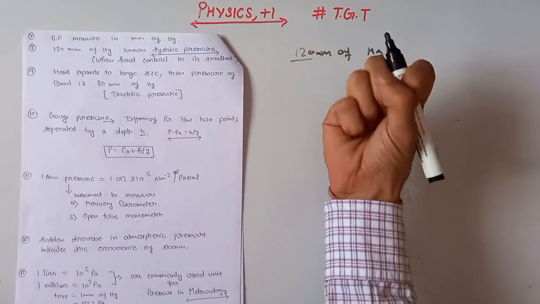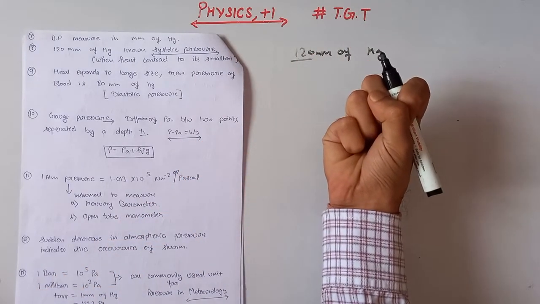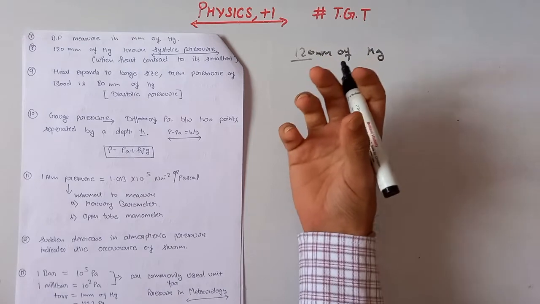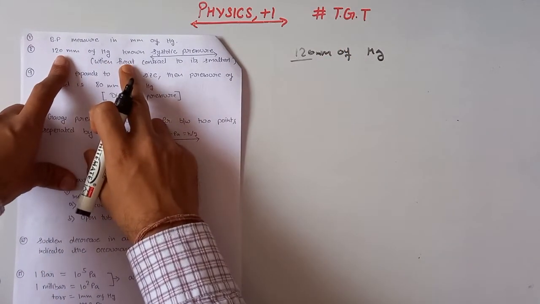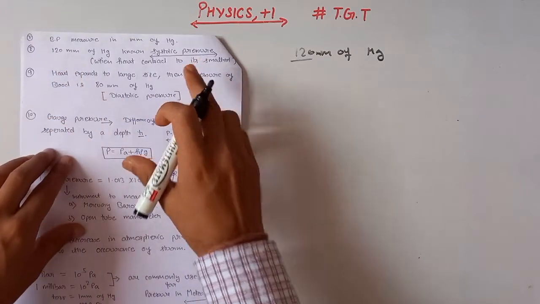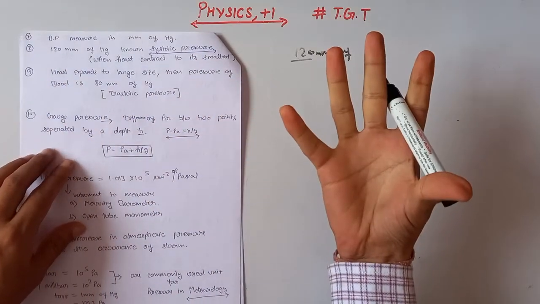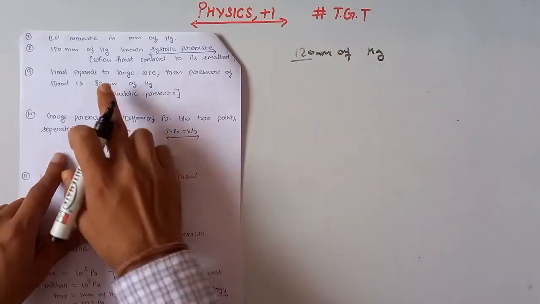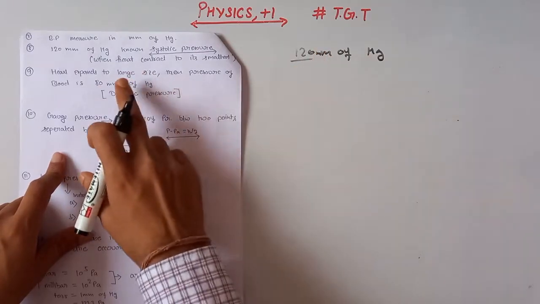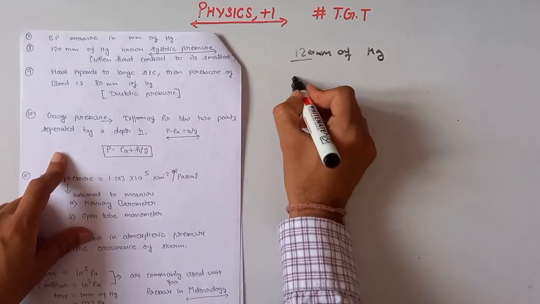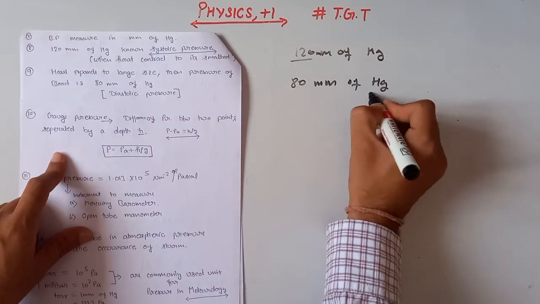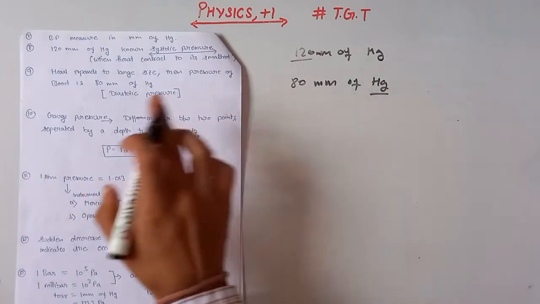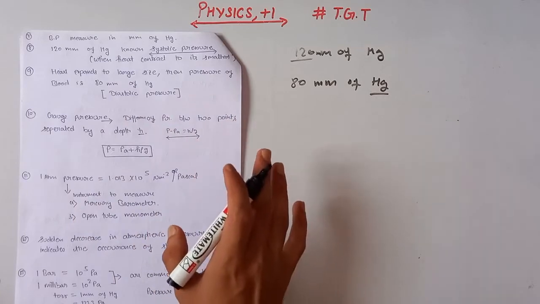When the heart contracts to its smallest size, then 120 mm of Hg is known as systolic pressure. And when the heart expands to its fullest, that is larger size, then the pressure is 80 mm of Hg. This pressure is known as diastolic pressure.